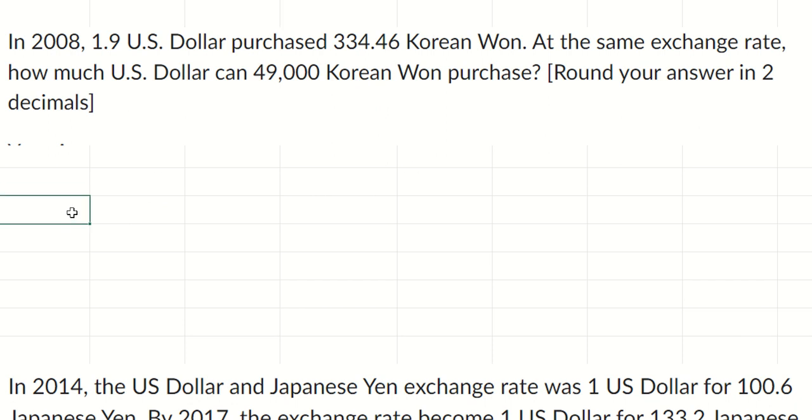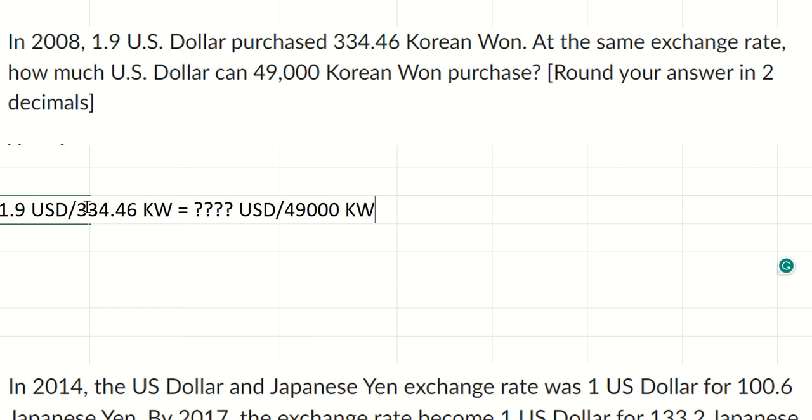The setup for this, I like to do as a cross multiply situation. Imagine you set it up as 1.9 US dollars divided by 334.46 Korean won, equals question mark USD divided by 49,000 Korean won.